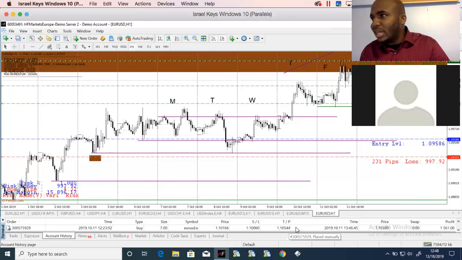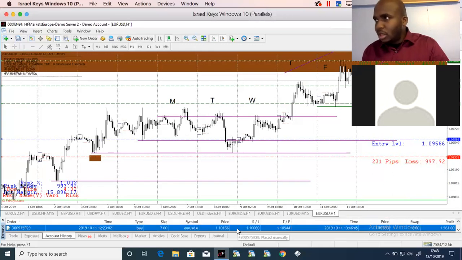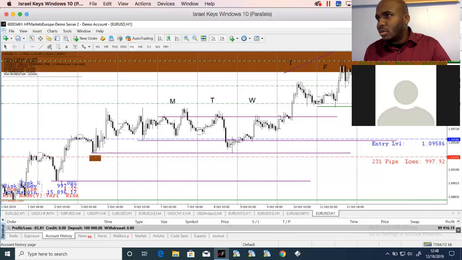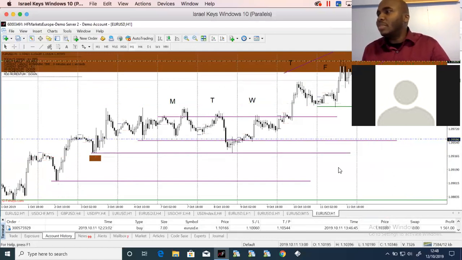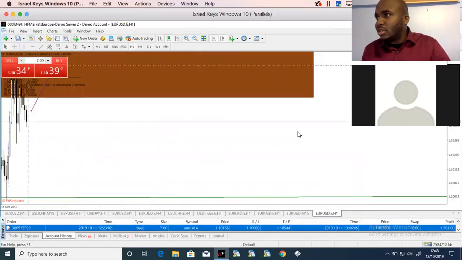Now, look at this trade here. So let me remove that, one second. That's not what I'm looking for. Right, so let me remove that thing, make the chart a bit cleaner. When you drag a trade and you drop it on your chart, it does something.